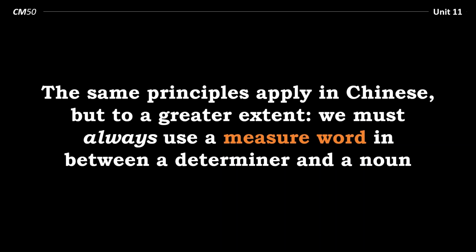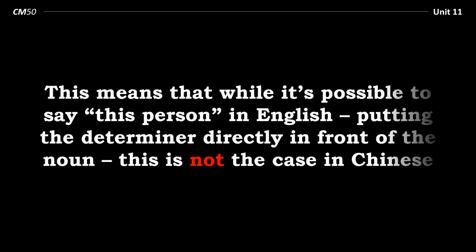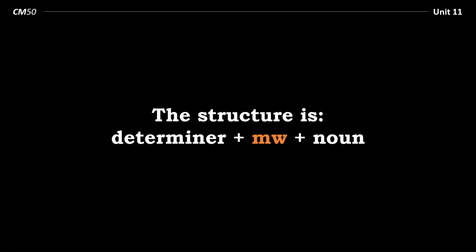We must always use a measure word in between a determiner and a noun. This means that while it's possible to say this person in English, putting the determiner directly in front of the noun with no measure word in between, this is not the case in Chinese. And so the structure we must use is determiner, measure word, noun.